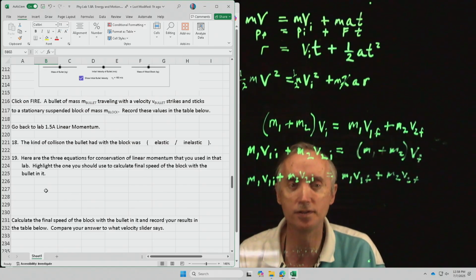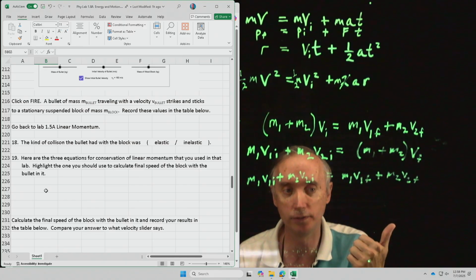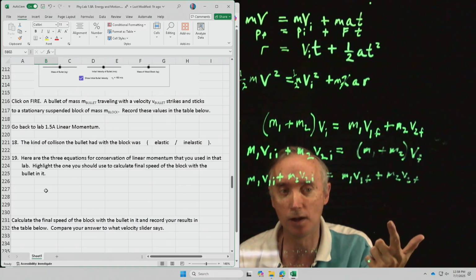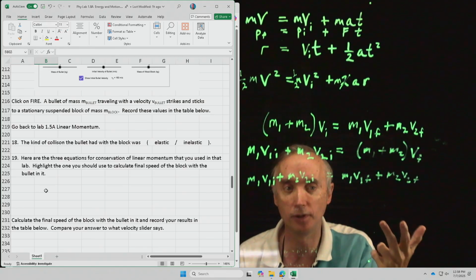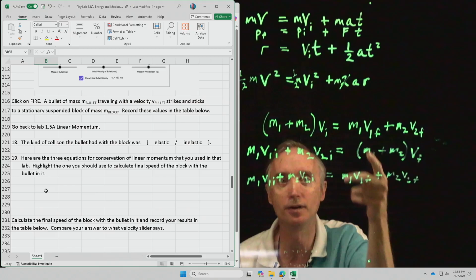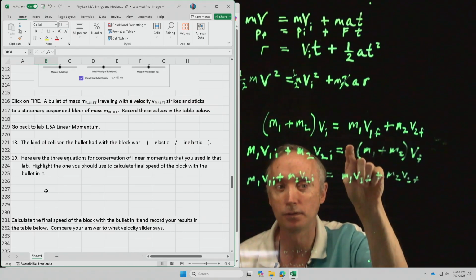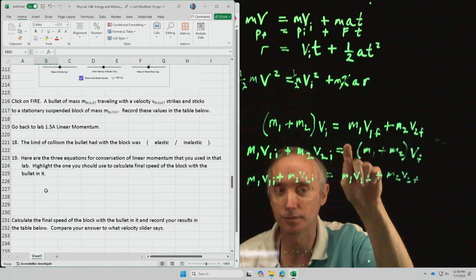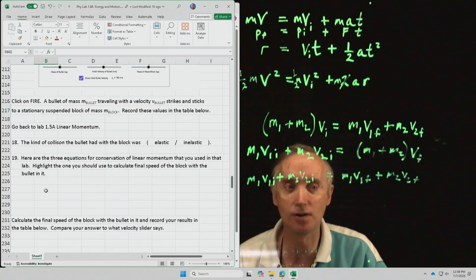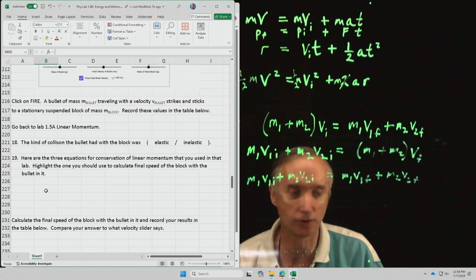So take the mass of the bullet, the mass of the block, and the speed of the bullet, plug them into one of these two equations, and solve for the final speed. You go ahead and do that for me.